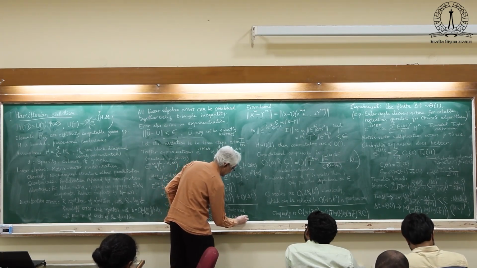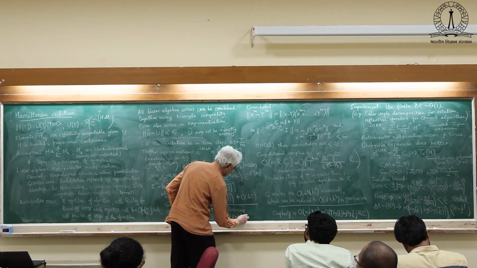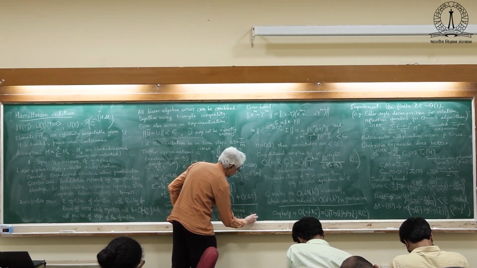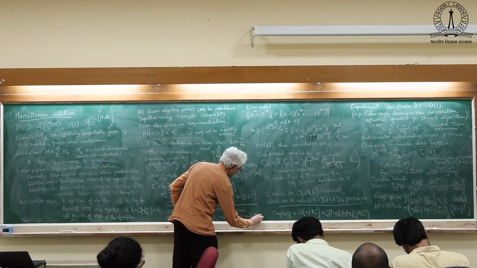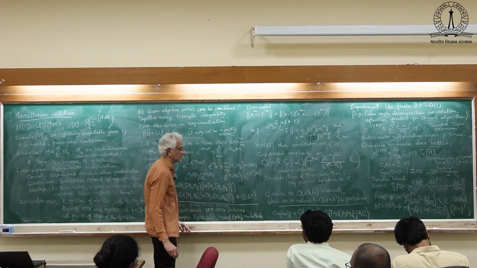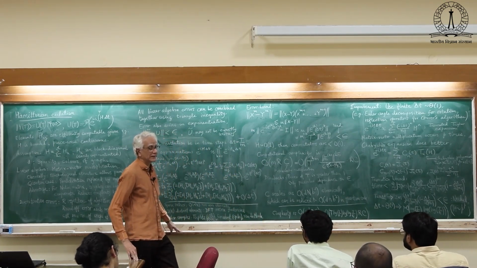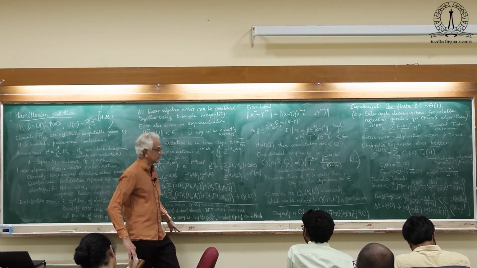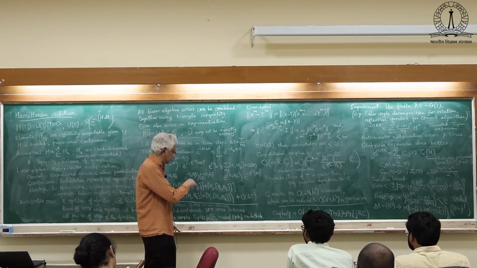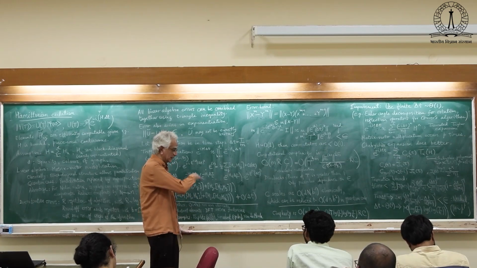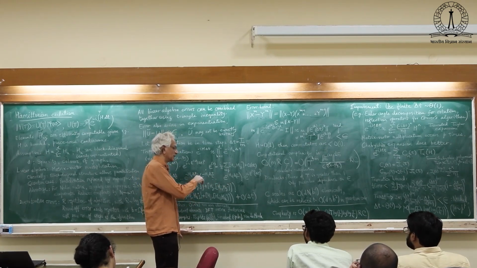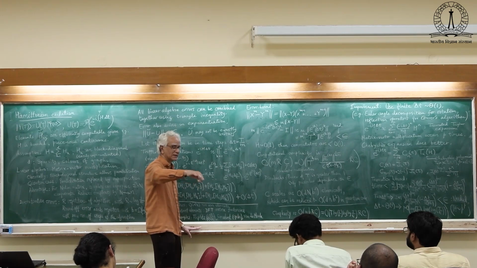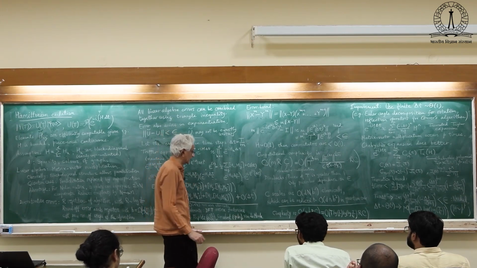Then there is another matrix which appears in linear algebra, which is called the Vandermonde matrix, which is essentially powers along each row, starting with 1, x, x square, x cube, etc., up to some order.